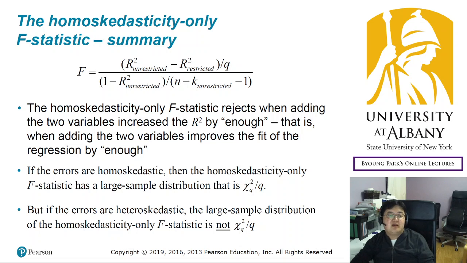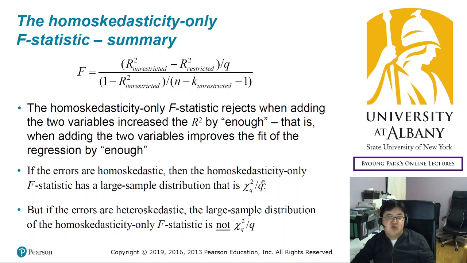In summary, this is the homoscedasticity-only F statistic, so it is only for homoscedastic models. In many textbooks, this is introduced as the only F statistic, but there are alternatives, and it is still widely used. Also, in the end, this F statistic equals the F statistic given earlier.